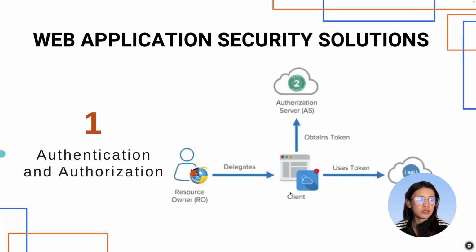And then for authorization, this is the process of determining what an authenticated user is allowed to do. It controls access to resources and actions based on user permissions. Some of the authorization types usually used are, first, role-based access control.